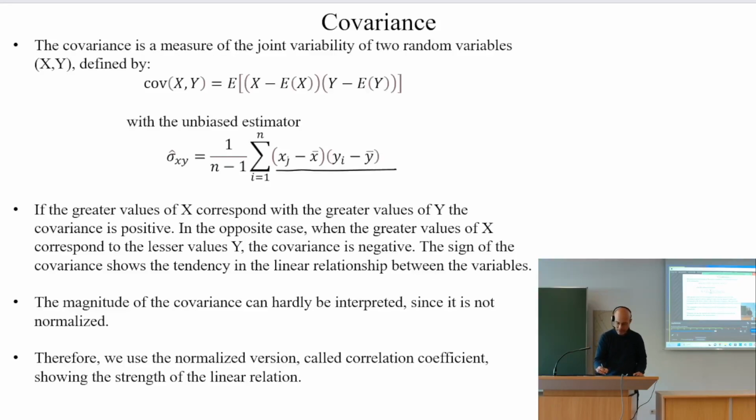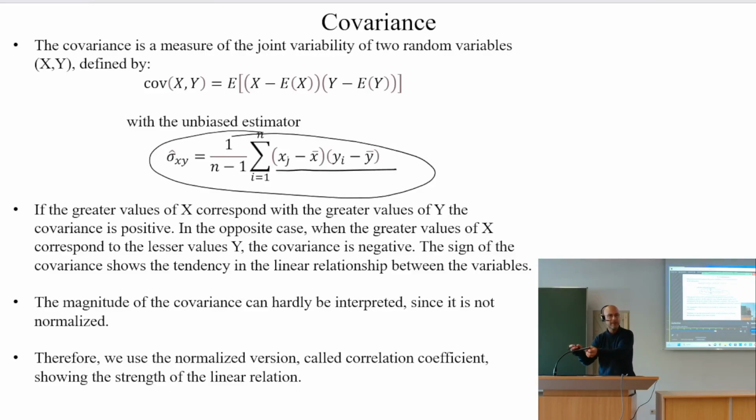But if we take only this covariance as a measure of dispersion, like we do with the variance, the sum of xi minus x bar squared, then since we have an absolute number, we don't really know what it means.